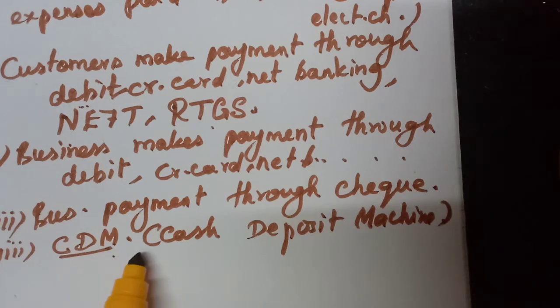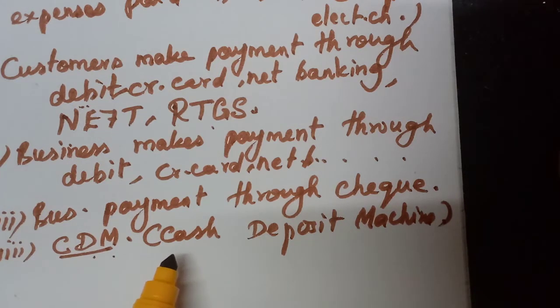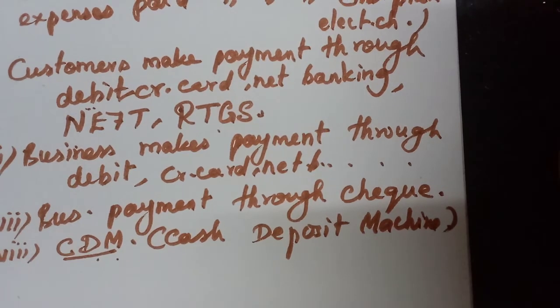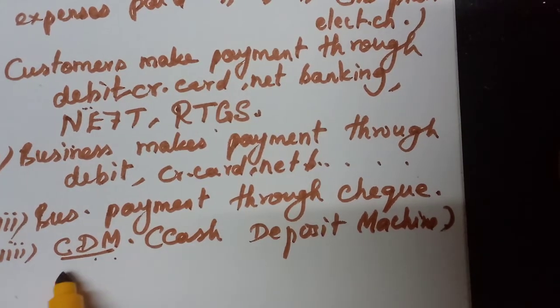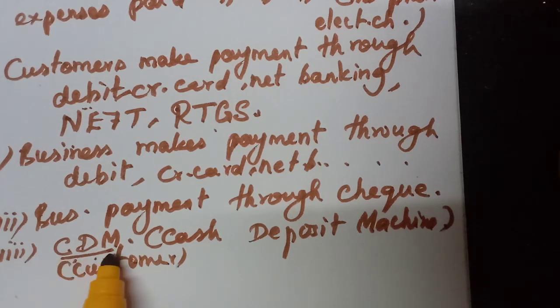Outside the bank, you can go and deposit the money in the machine, like an ATM machine. Only the account number is enough. If we type that account number, the details will come, and we need to keep the cash in the machine, it will accept and it will be credited immediately. So for the business, if any customers pay cash in the cash deposit machine, it is going to the bank, so that is also called a bank transaction.